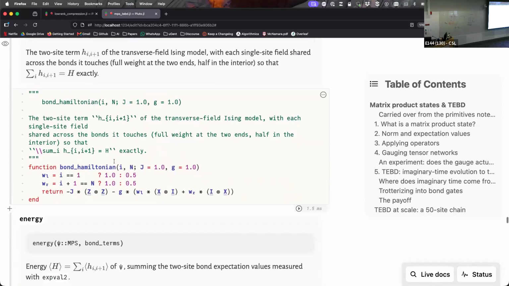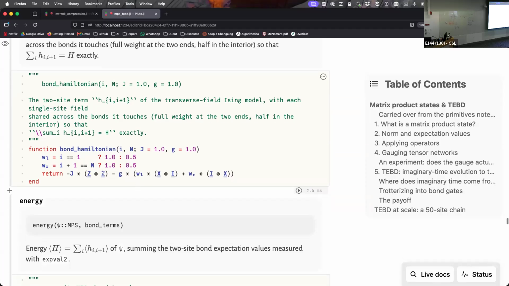So to do this, the first thing is we need to define what our local gates are. So what is our Hamiltonian like? We had single site operators and two site operators. We can do a trick where we pretend that the single site operators are also two site operators by just absorbing them. And you can see this here.